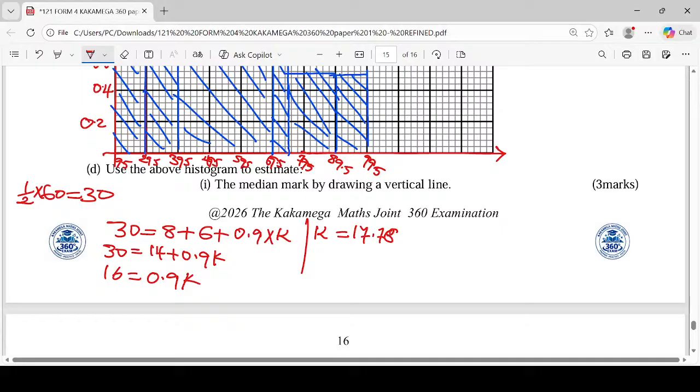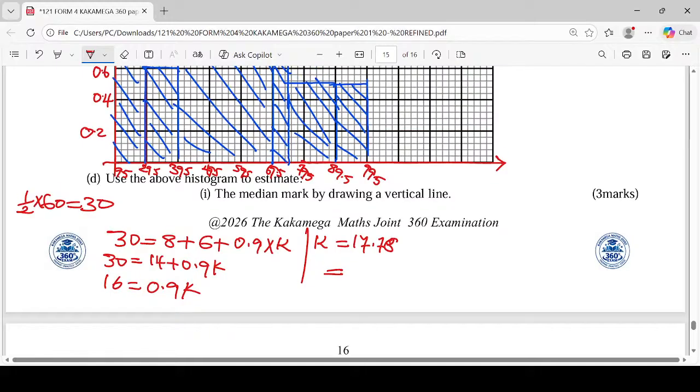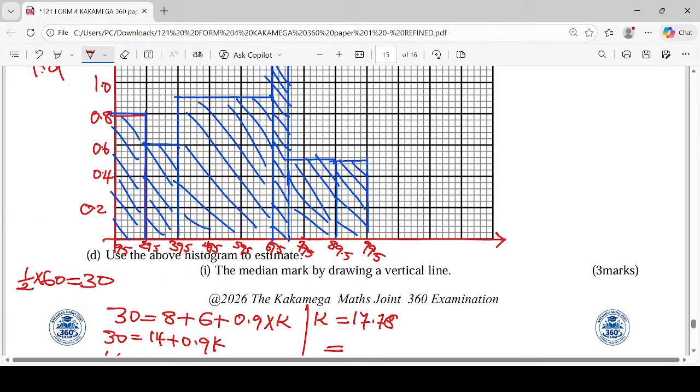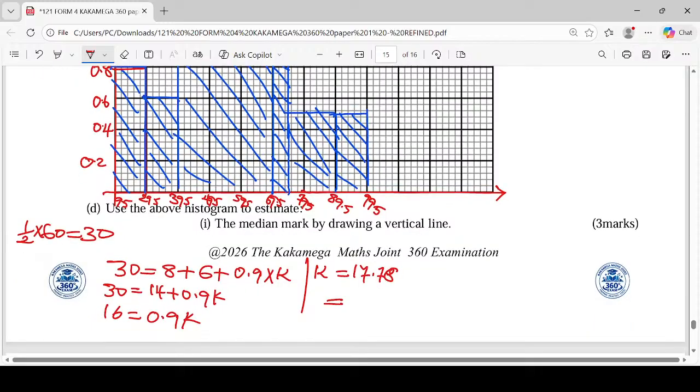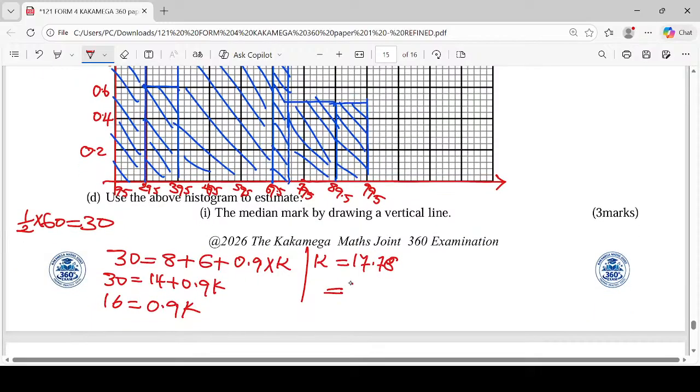Now to get the median mark, we were at 39. So you take 39.5 plus 17.78, and you get 57.28.